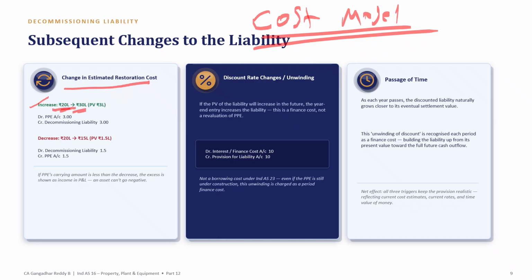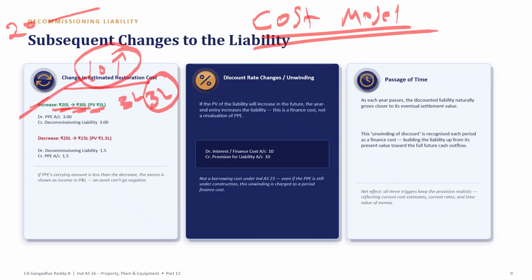Earlier we had taken 20 lakhs decommissioning liability, right? The present value is so and so, but now it has increased to 30 lakhs, and the present value for that increase is 3 lakhs. The 3 lakhs has been increased as on date. So generally 10 lakhs increased here, but the present value of 10 lakhs after this change makes up the asset value. It was 20 years, but after 5 years it has increased by 10 lakhs.